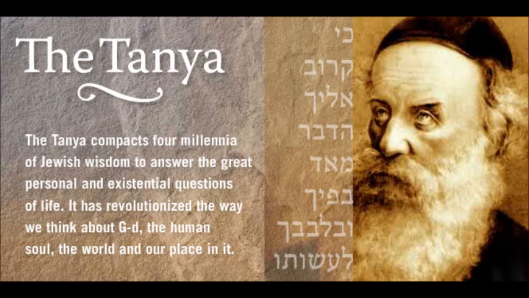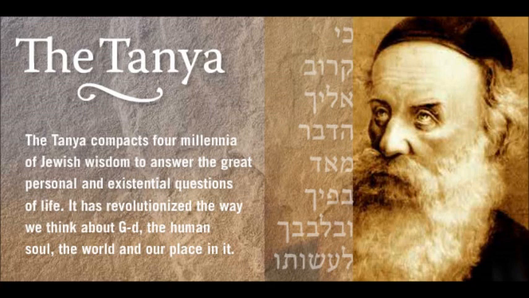One is called klipa. Klipa means a shell. One is called klipat noga, the clear shell, and one is called sitra achara. It's two Aramaic words, which translate in Hebrew as tzad acher, the other side. Those are three definitions that we find commonly in Hasidic teachings. What are those three definitions?